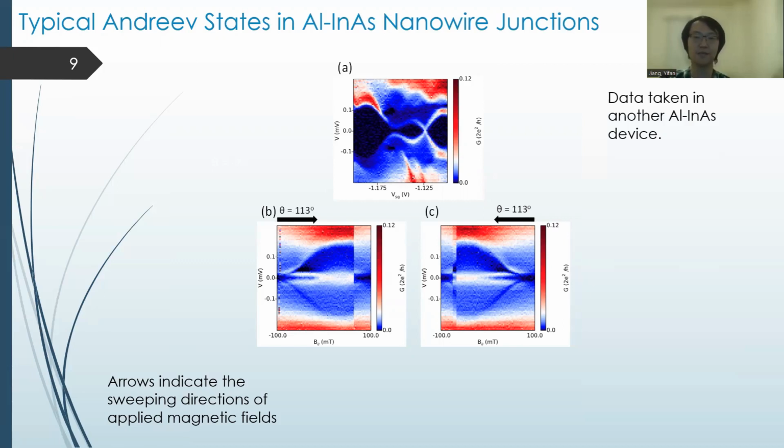And if I take a magnetic field scan of this zero bias peak, we can see that it is also hysteretic. And for larger magnetic field, we can observe that this zero bias peak splits into two curves.